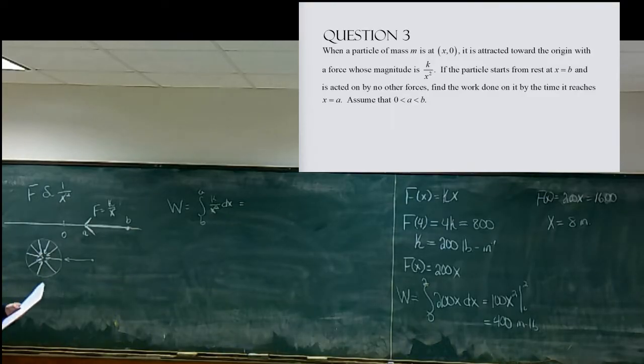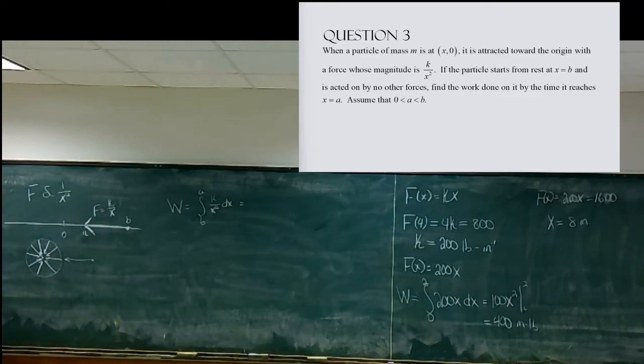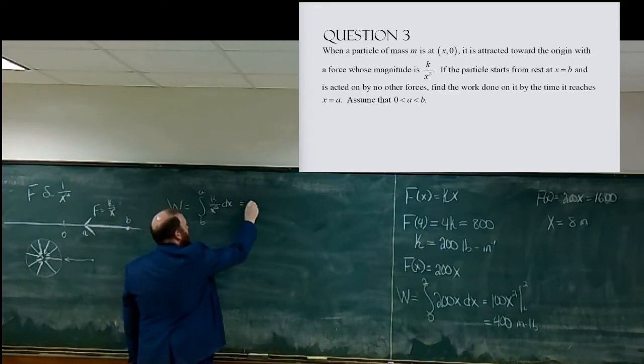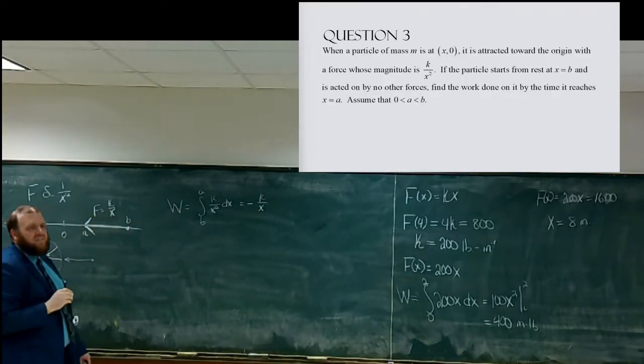Is it k times 1 over x? Close. Because k is a constant, it's negative k over x.